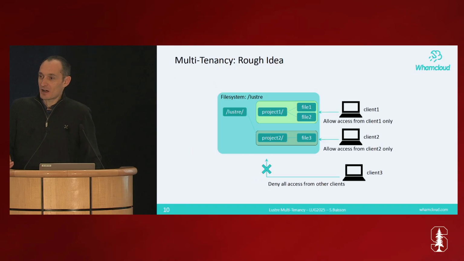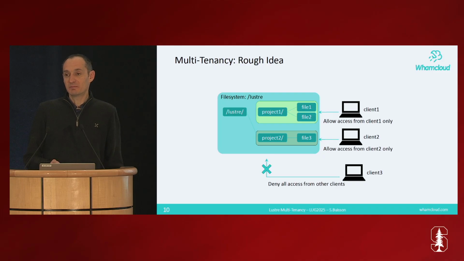So now, how can we use the node map feature to implement multi-tenancy for Lustre? And maybe the first question to ask is, what do we call multi-tenancy here? To give you a rough idea, you can consider this situation where we want to support different populations of users on the same file system and provide them with their own storage space.